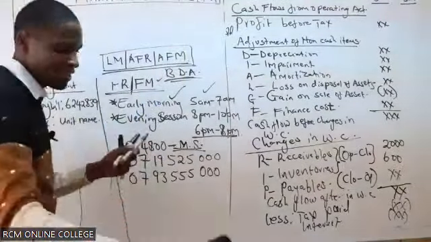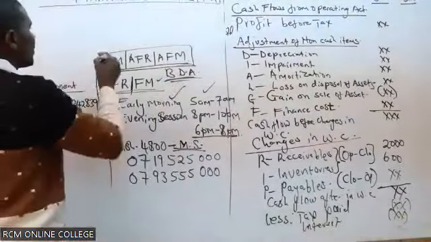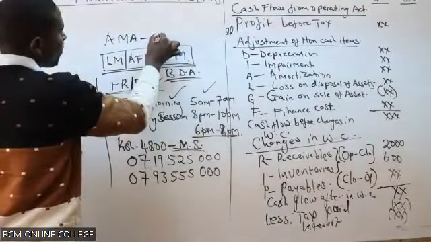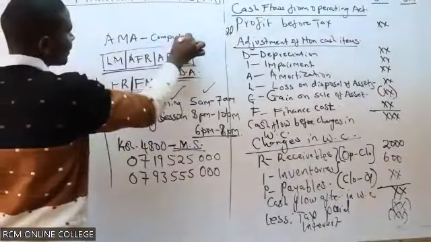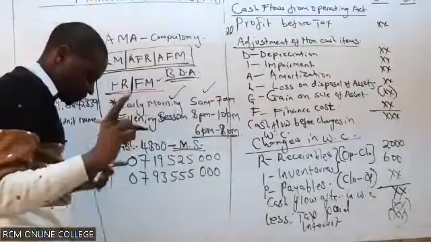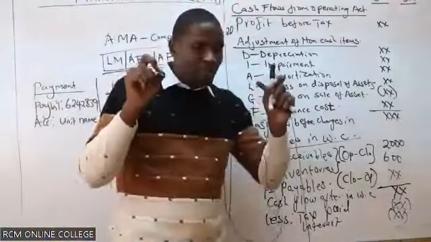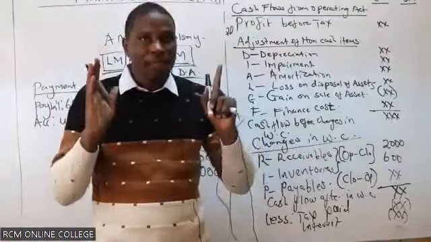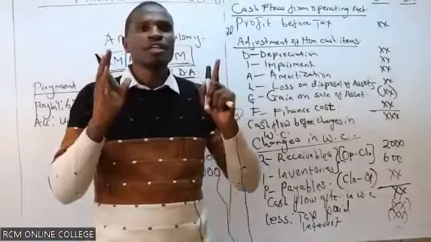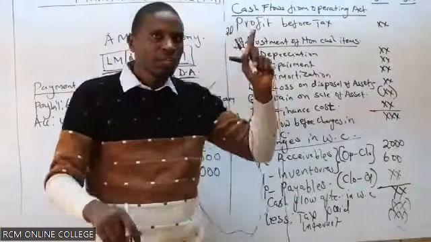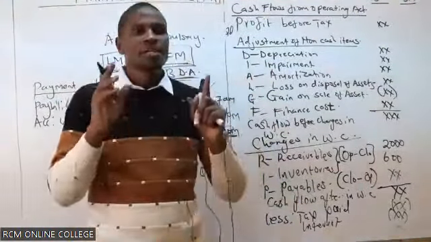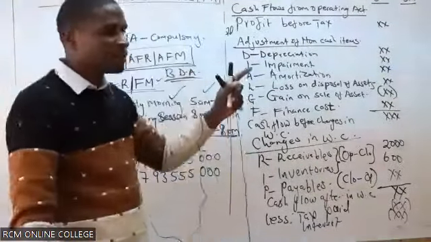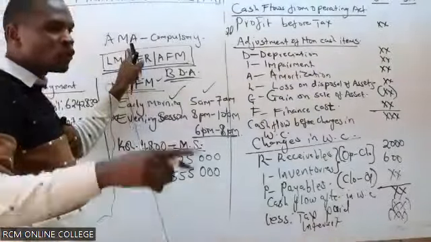Let me mention AMA. This is very important. AMA is now compulsory. If you did the intermediate level in the December exam and passed, when you enter advanced level, please, this is now your unit. And it is compulsory.